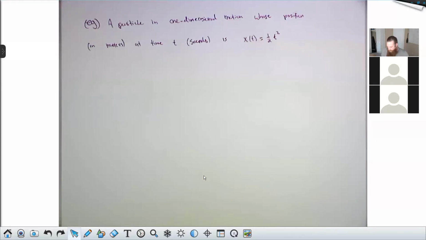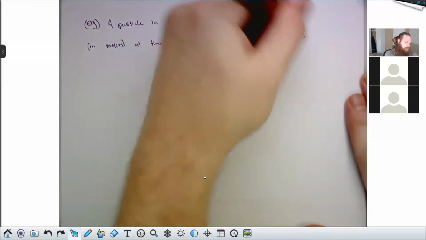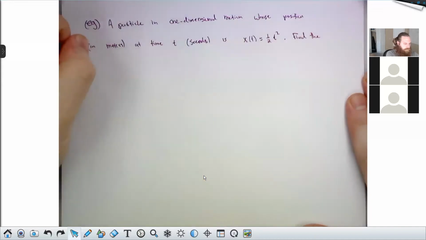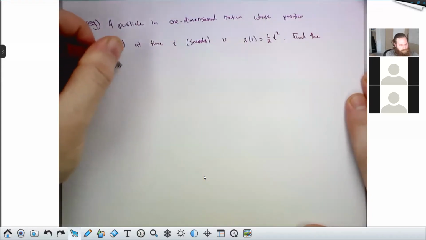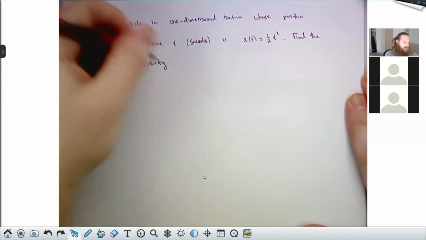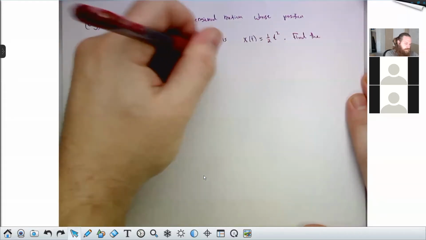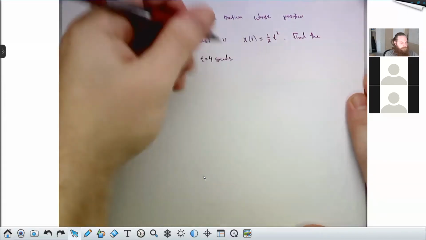I'd like to find the instantaneous velocity when t is equal to 4 seconds.